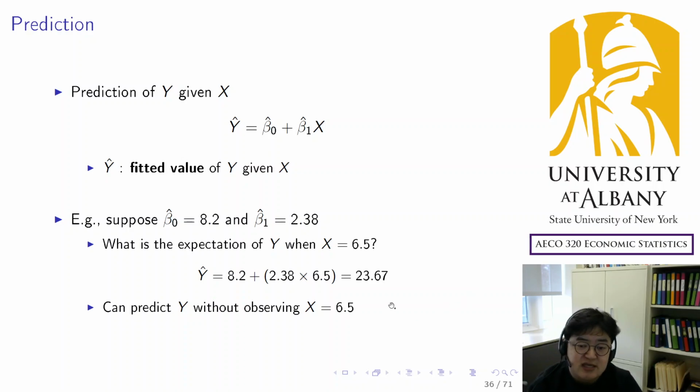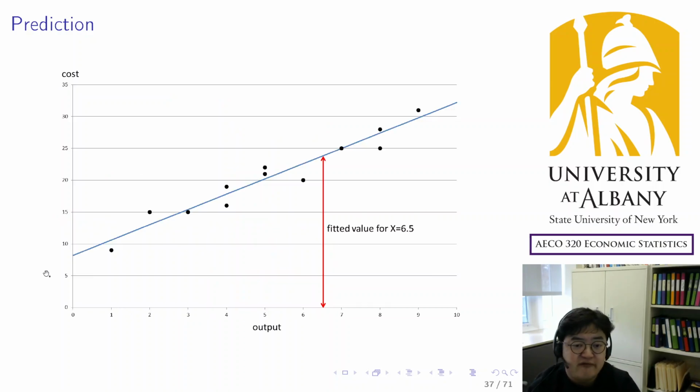So, as I said, even though you never observed 6.5, you can choose any value of x and plug that in using the estimates, then you can predict y. That is the prediction, the linear regression prediction, right? Graphically, from the dots, we made a trend line. At any point, choose a point and go straight up.